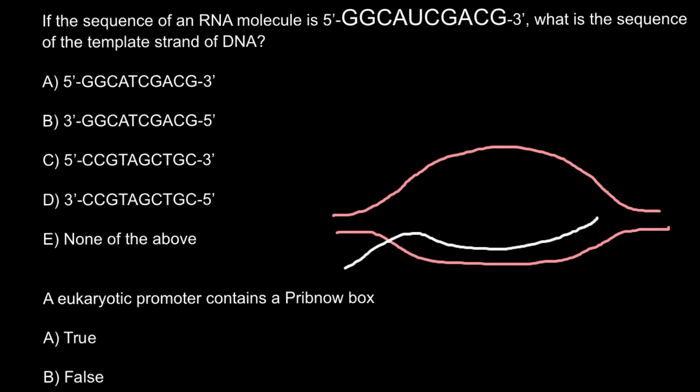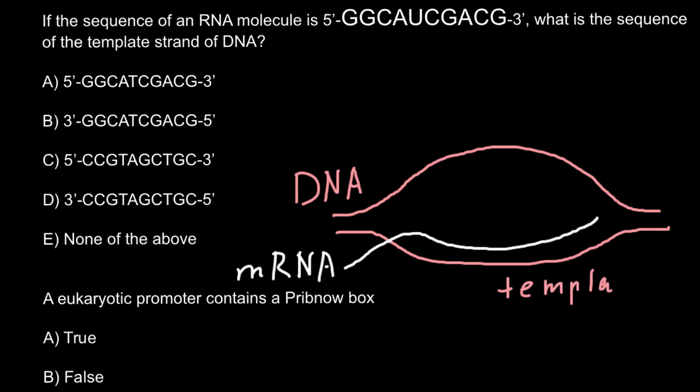So this is mRNA, and these two strands are DNA strands. So this strand here that serves as a template is called the template strand of the DNA. So, template. And of course the other strand would be non-template.